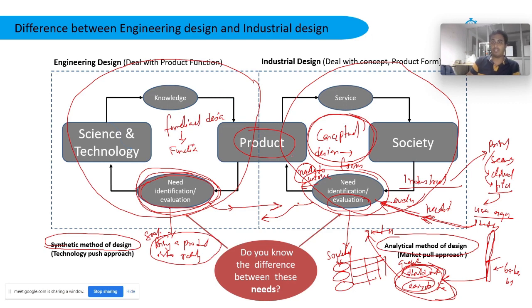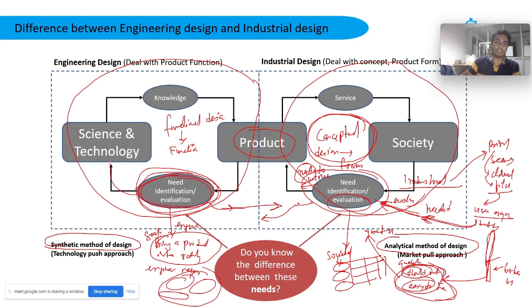So based on the concepts, you figure out the engineering requirements to fulfill this concept. What engineering modalities, science and technology, or knowledge domain expertise will I require? Those will be the needs of this area.